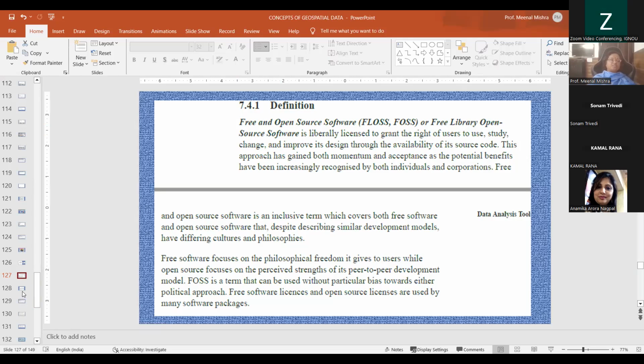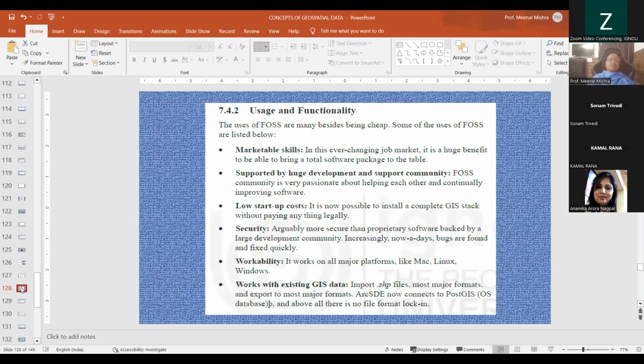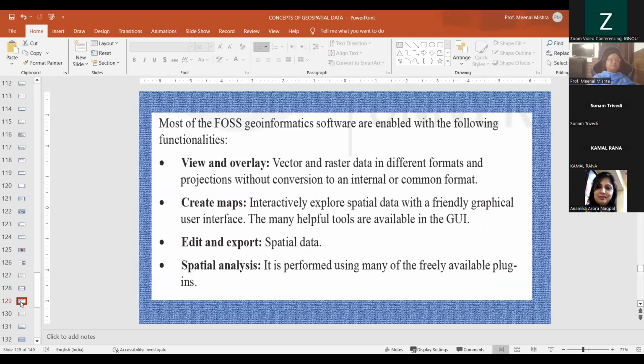So all the exercises in your labs are being done using FOSS software. Regarding its usage and functionality, they have marketable skills, support by a huge development and support community, low startup cost, security, workability, and works with existing GIS data.